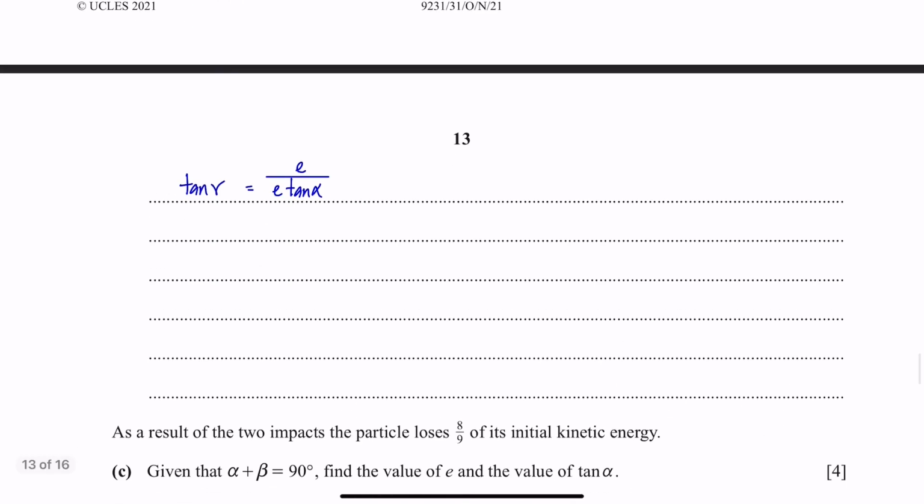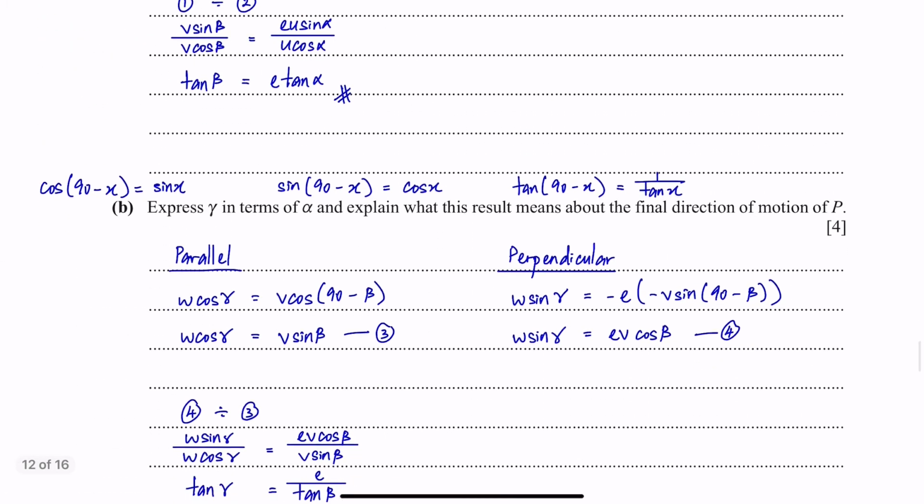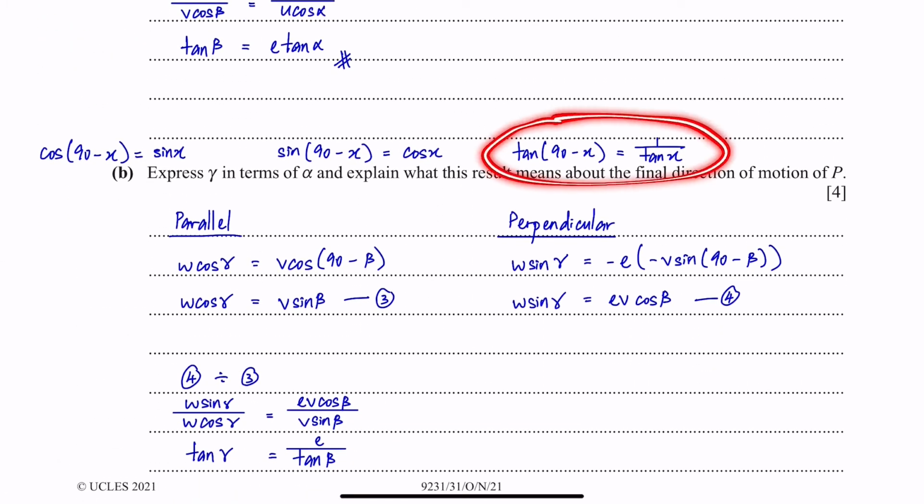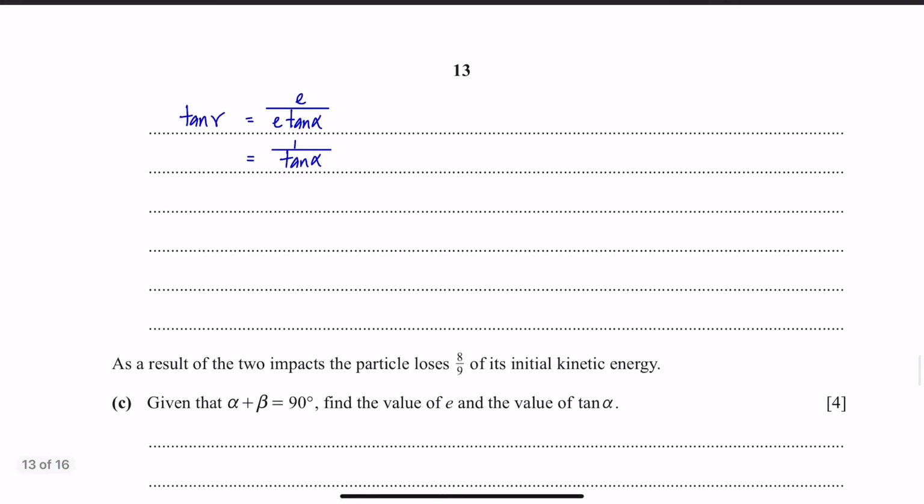And now we know that tangent gamma equals 1 over tangent alpha. And from this formula, we know that 1 over tangent alpha is equal to tangent 90 minus alpha, right?